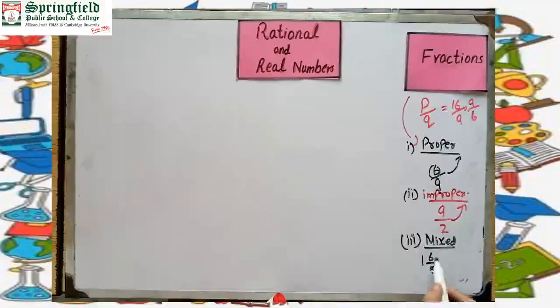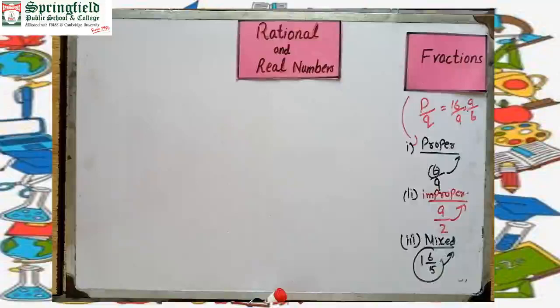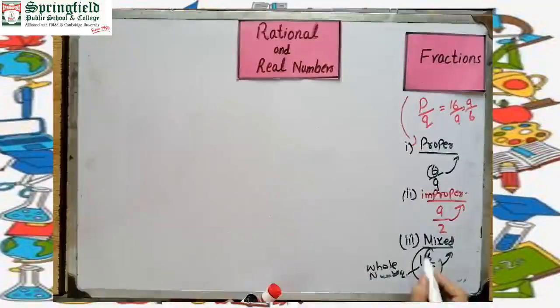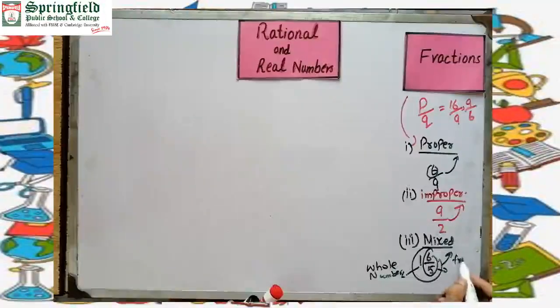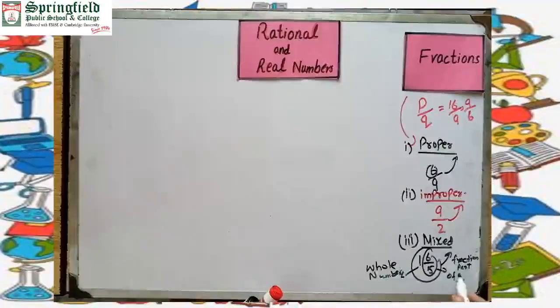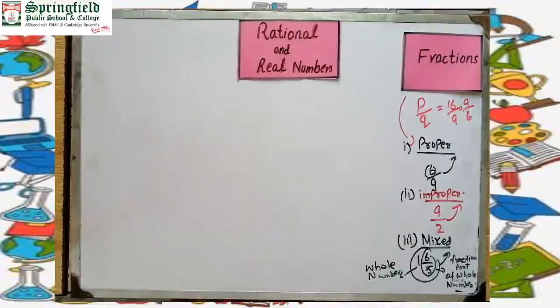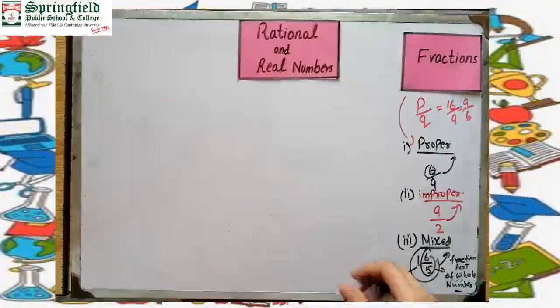So 1 whole 6 by 5, these types of numbers are called mixed numbers or mixed fractions, where the first part is called the whole number and 6 by 5 is called the fraction part. Understood beta?